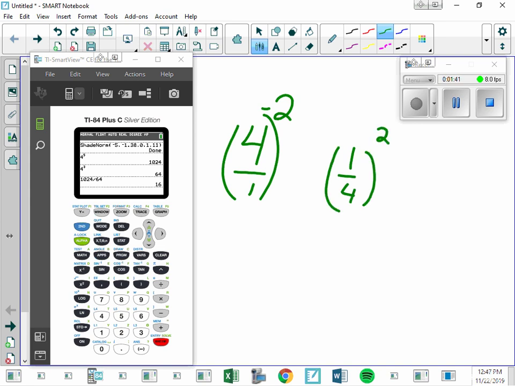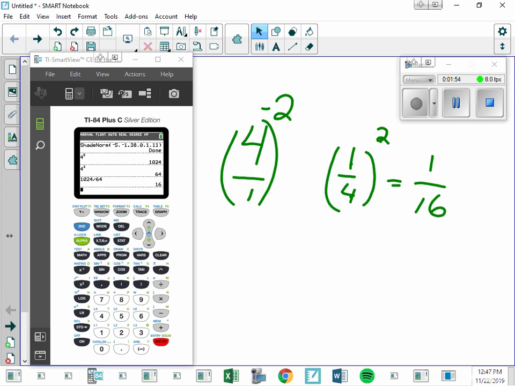Well, the exponent is negative, not the number, not the base. The exponent is negative. So now 1 squared is 1, and 4 squared is 16. So going back to the original problem, 4 to the negative 2 is just 16, but it's upside down.